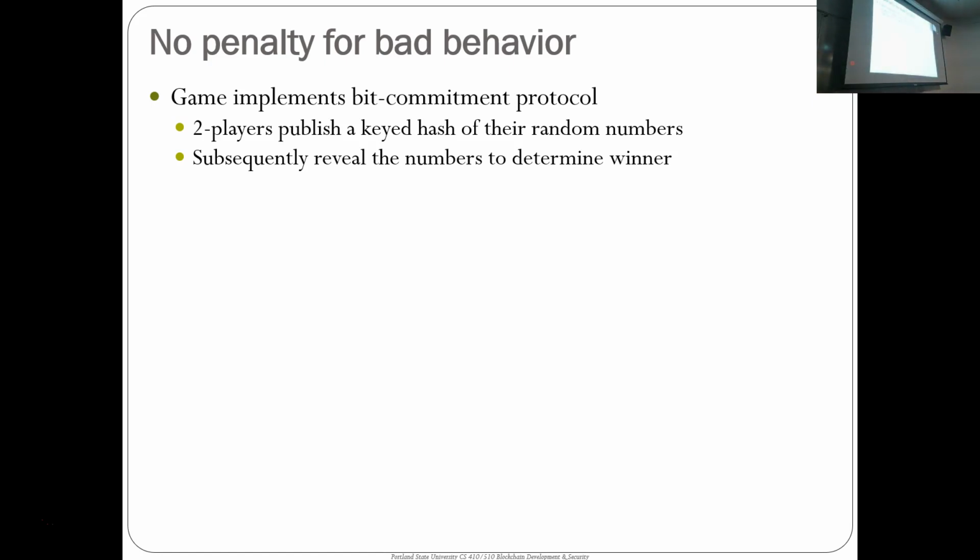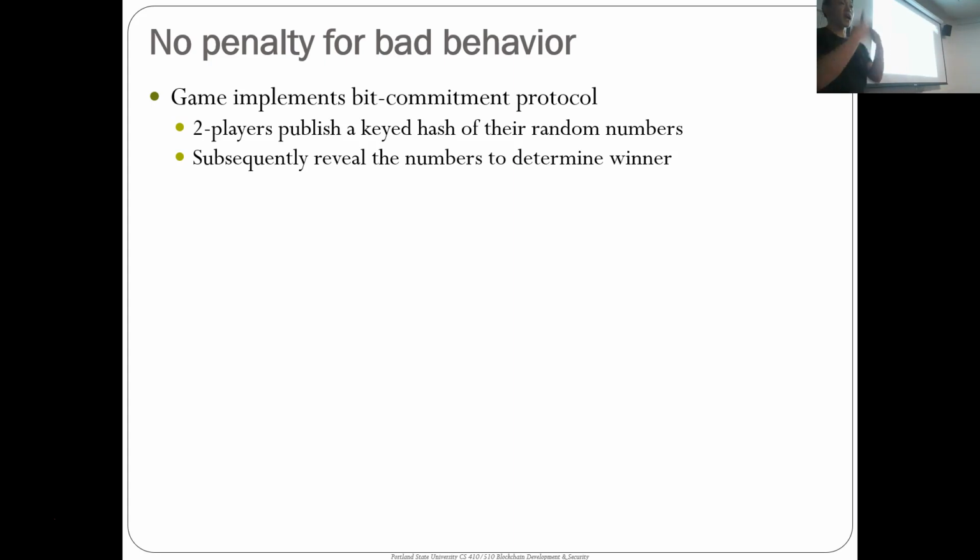If you are trying to do a fair coin flip, you can have each player generate a random number, publish a keyed hash of that random number, and broadcast the keyed hash to everybody on the blockchain. This doesn't reveal your random number, but it forces you to commit, because you can't generate that hash with other numbers.